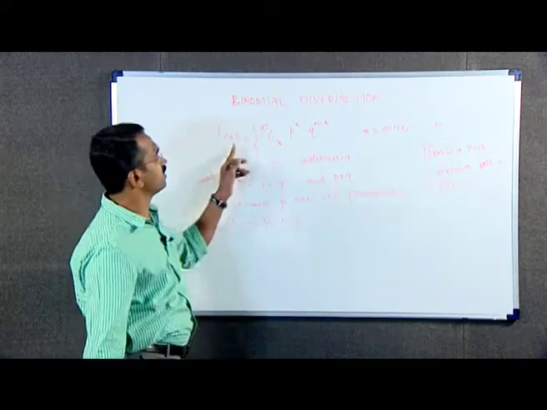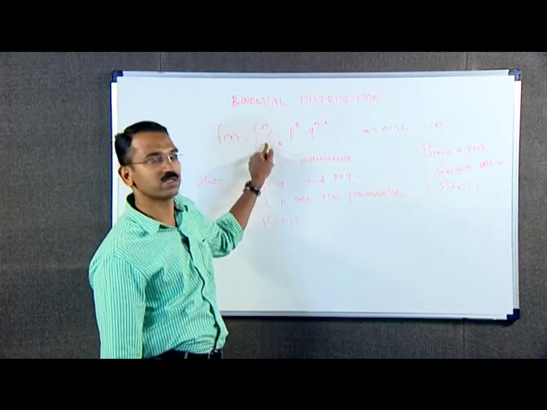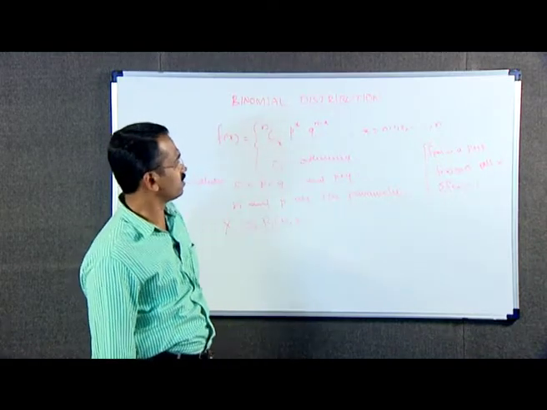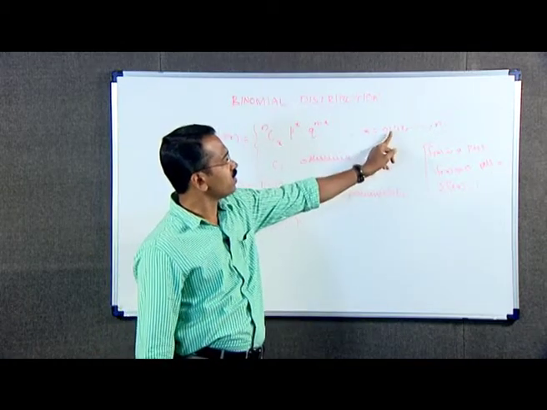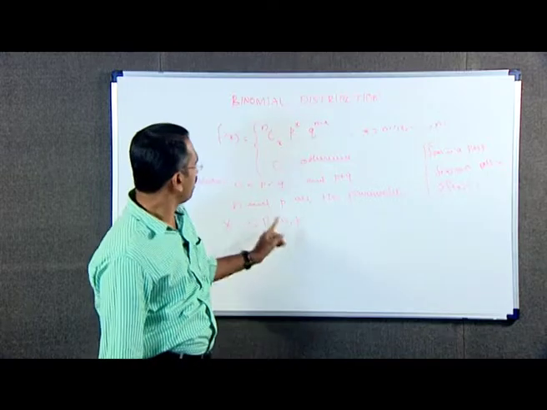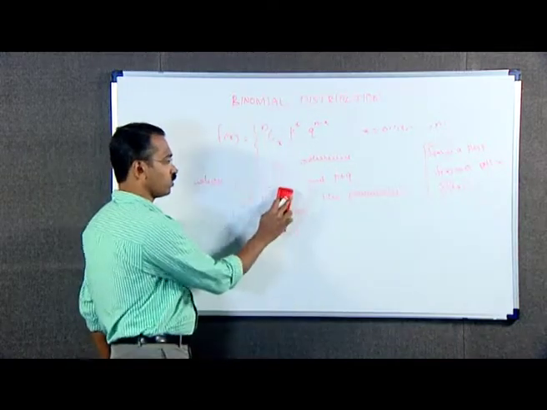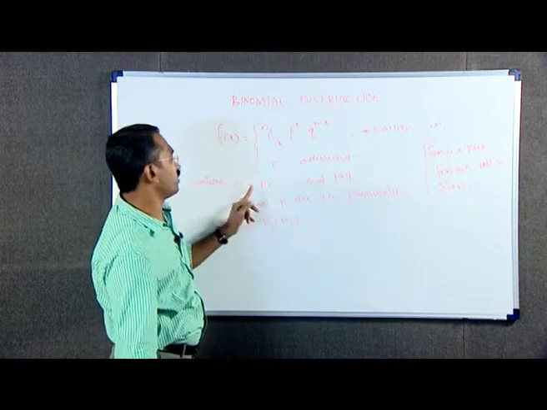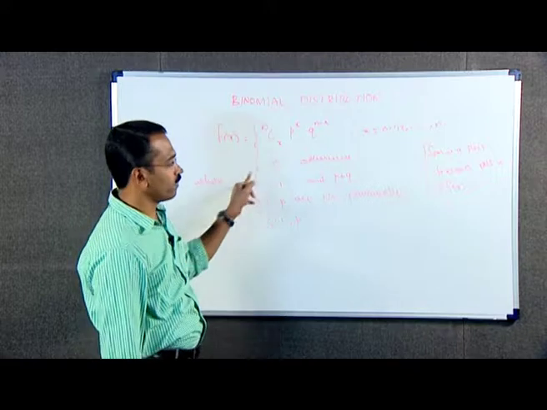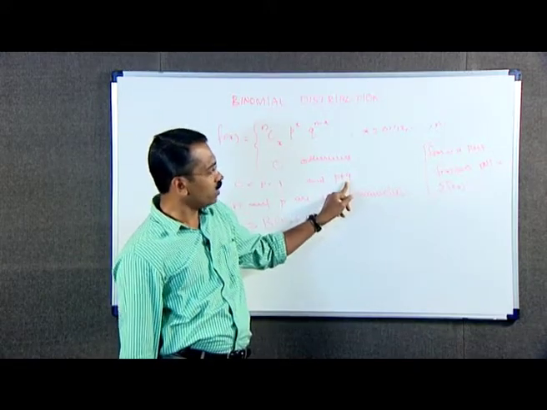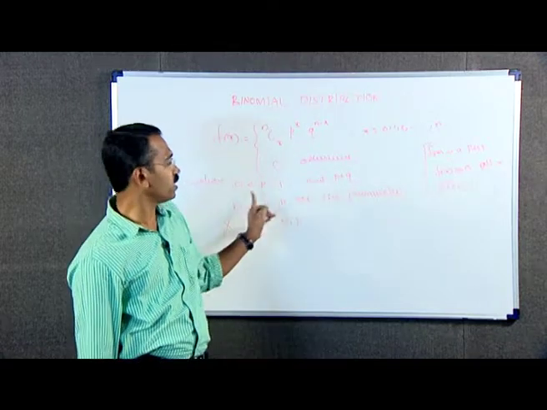Here f of x is defined as 0 or like this, nCx p raised to x q raised to n minus x, where x varies from 0 to n. Here p is in between 0 and 1, p lying between 0 and 1. p plus q equal to 1 means q equal to 1 minus p, that is q also lying between 0 and 1.